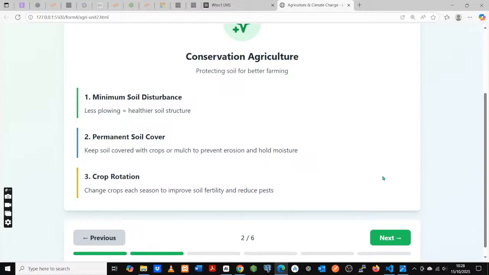Crop rotation will add fertility to the soil, as legumes fix nitrogen, while monocotyledonous plants are heavy feeders. So there are three principles of conservation agriculture. Number one, minimum soil disturbance, permanent soil cover, and crop rotation.